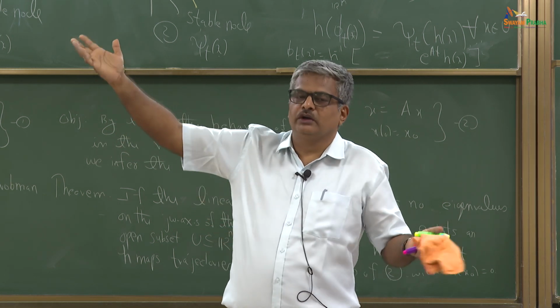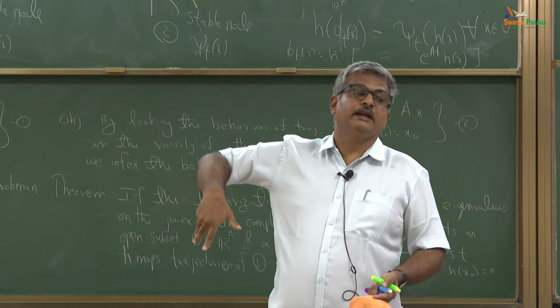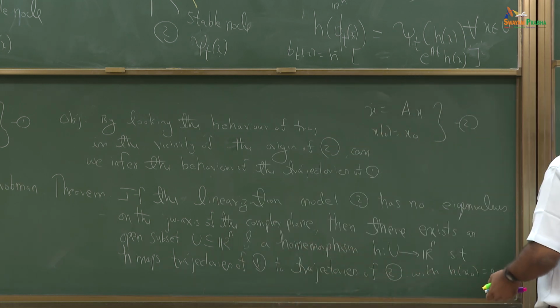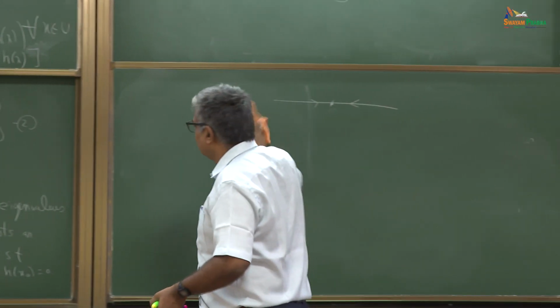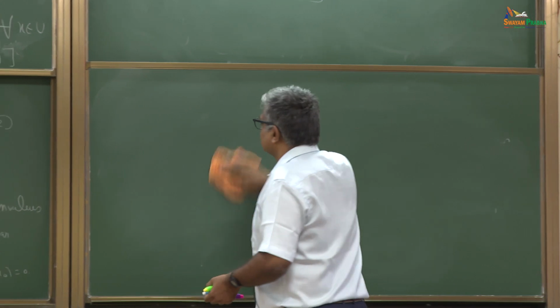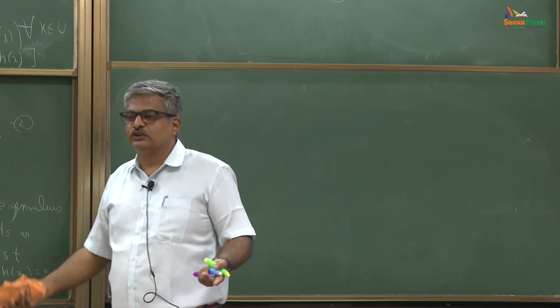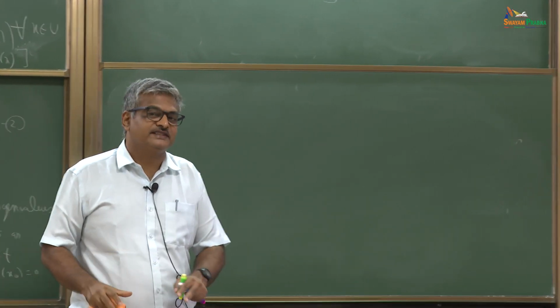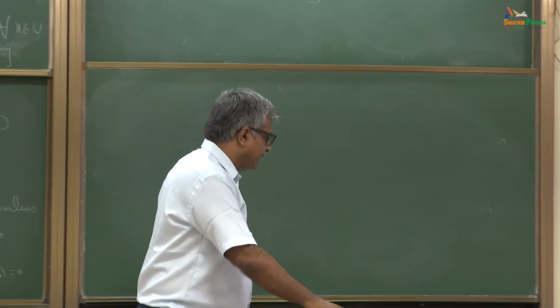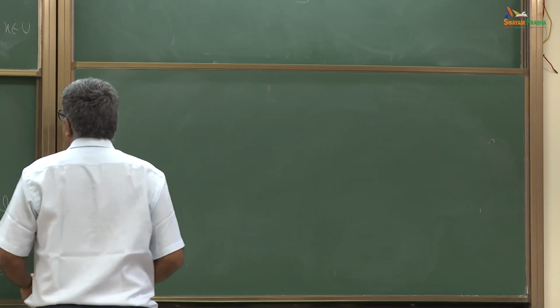Either it could blow up or it could go to the origin depending upon the eigenvalue. Now the question is, is there something like that for the nonlinear system? Because there is no notion of eigenvectors and eigenvalues for the nonlinear system. But the answer is yes, we have something like that.